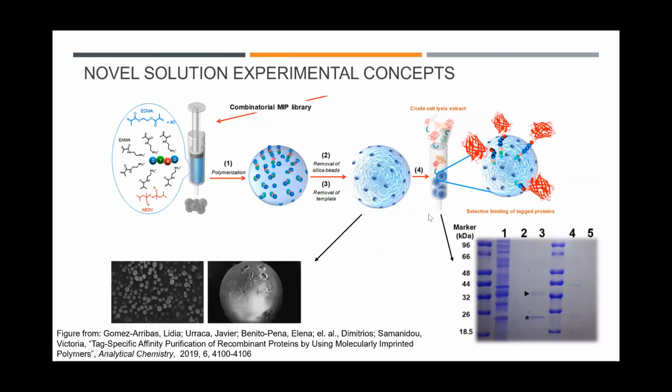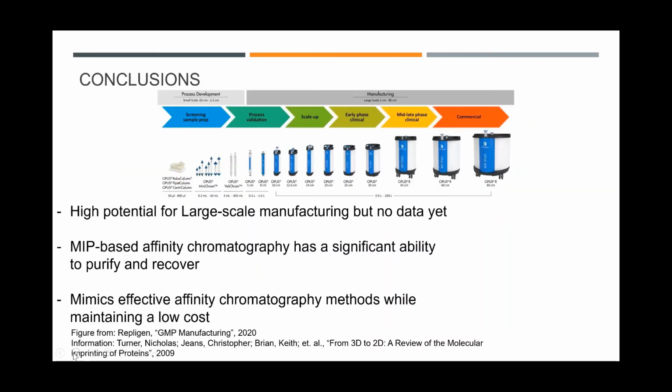What I didn't mention in this last experiment was that the fluorescent quantification of the protein in the elution versus the residual mobile phase showed that the recovery rate was as high as immunoaffinity chromatography. So in essence, they've created a chromatography that effectively mimics immunoaffinity chromatography in effectiveness while maintaining a lower cost.